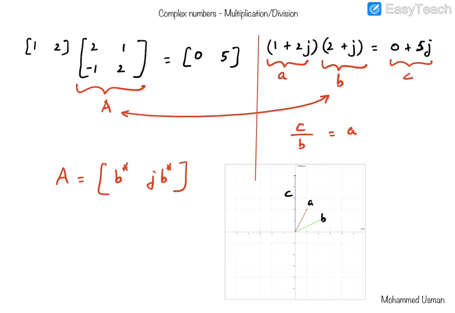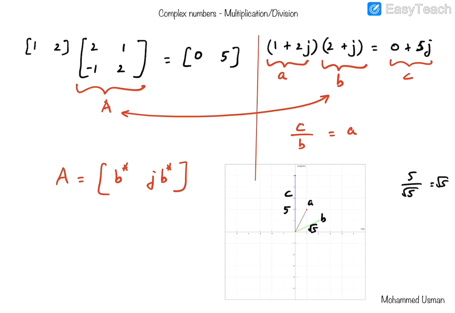What we notice is that when we divide c by b, it gets scaled by a factor equal to the magnitude of b. So c has a magnitude of 5 and b has a magnitude of root 5, and since we are dividing, the magnitude of a should be 5 divided by root 5, which is root 5.